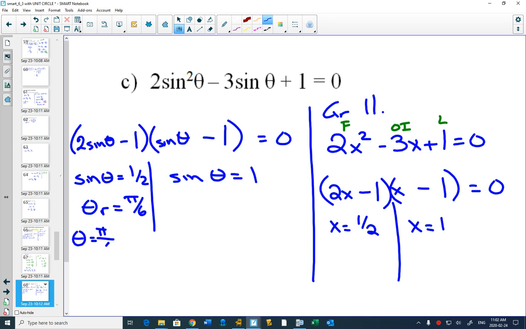Quadrant 1 and quadrant 2. Is your y-coordinate ever equal to 1? Yes. What's the angle? It's an axis family. Pi over 2. Perfect.